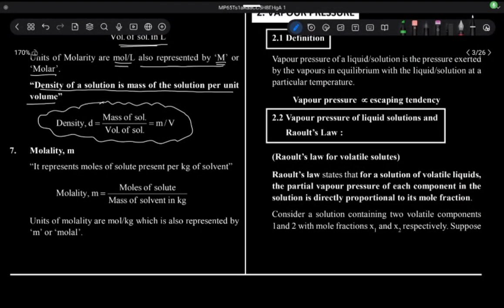move to our seventh concentration term, which is molality. Molality is a measure of the concentration of a solute in a solution. It is defined as the number of moles of solute per kg of solvent. It represents moles of solute present per kg of solvent, and its formula is moles of solute divided by mass of solvent in kg.